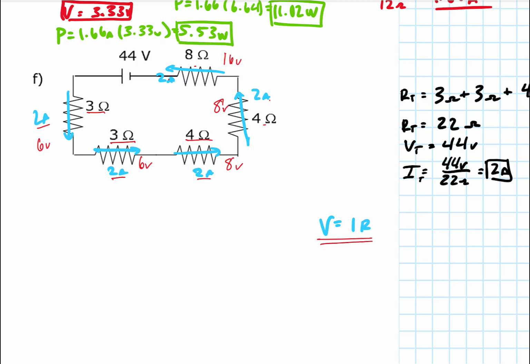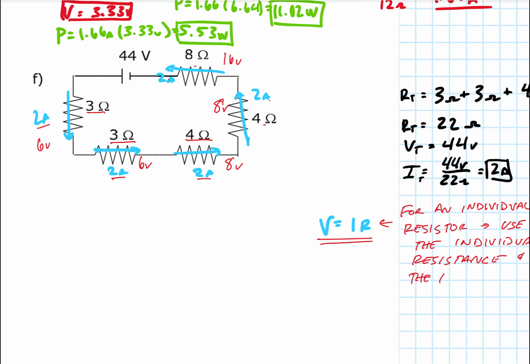All we did was V equals IR for an individual resistor. For an individual resistor, use the individual resistance and the individual current.